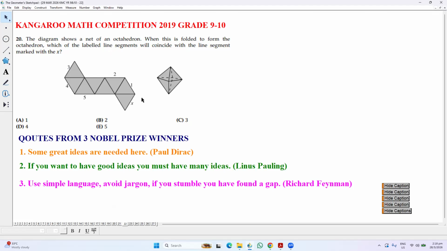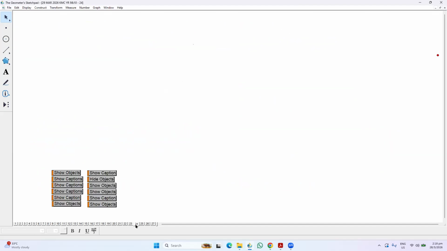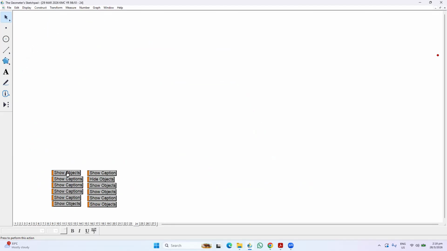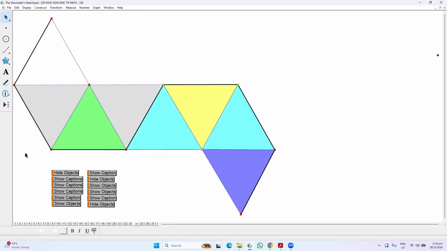We want to know the edge marked X is joined to which of the 5 numbered edges, 1, 2, 3, 4, or 5. Here is the net consisting of 8 triangles that we want to fold to form the octahedron.